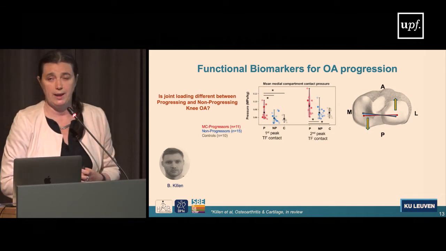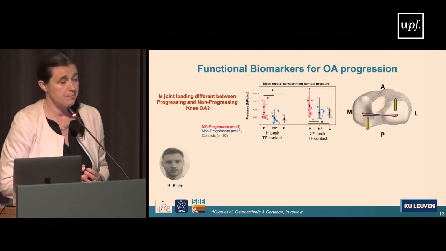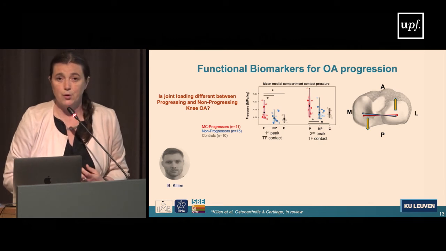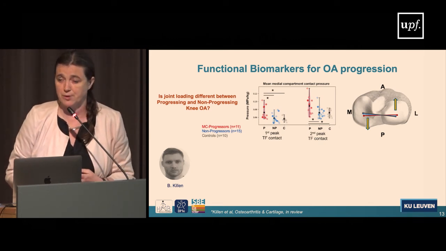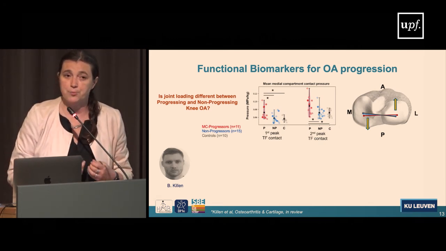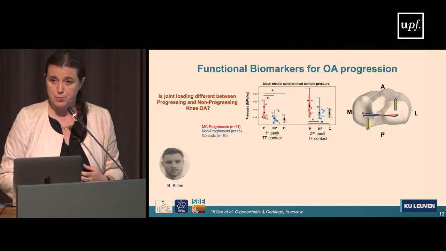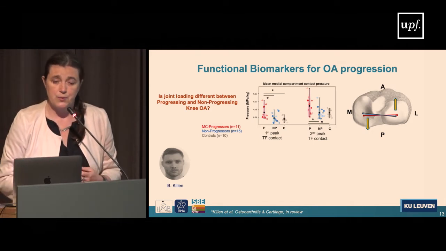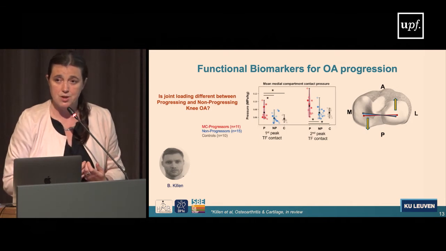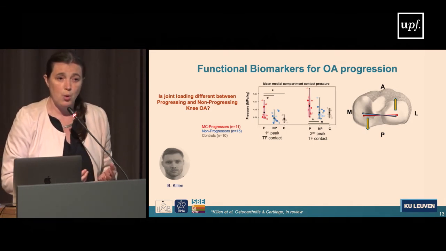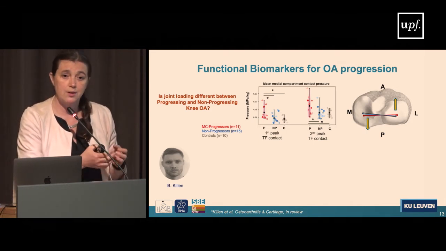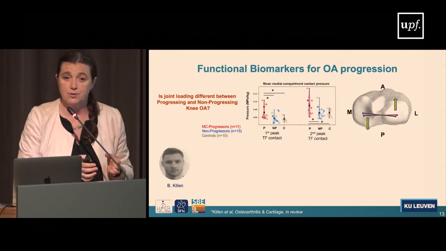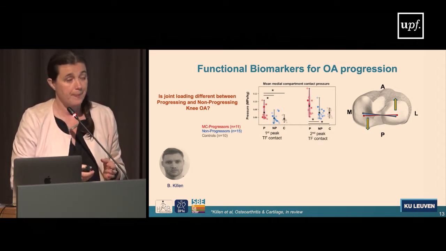Then we thought, okay, can we use this biomarker in order to identify people that are more prone to a fast progression of the disease from those who will have a slower progression? So what we did was we took the gait assessment from a baseline condition in a group of people who had a fast progression and in a group of people who did not show any change in the Kellgren-Lawrence over 2 years.